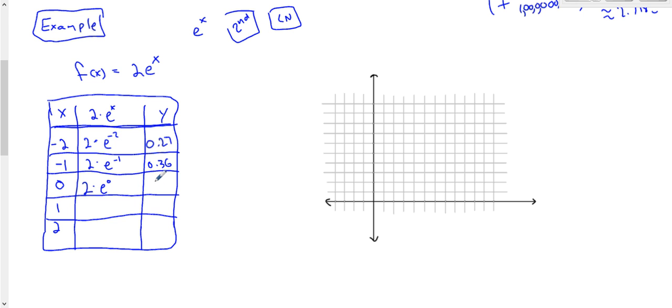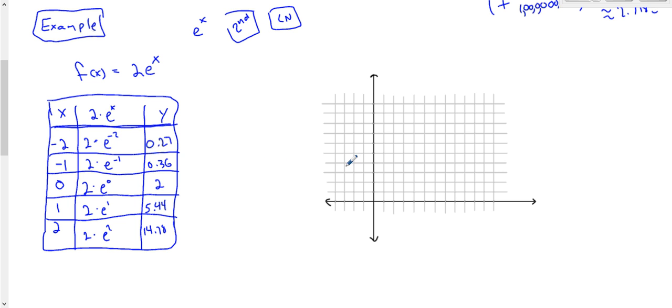So 2 times 1 is 2. 2 times e to the first is going to be 5.44. And 2 times e to the second is 14.78.